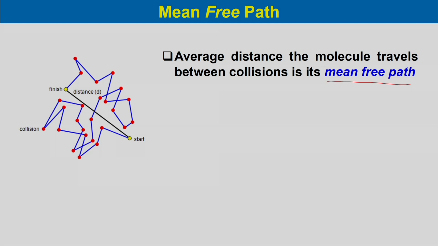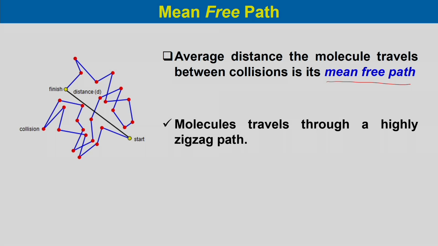You can see that the molecule travels through a very highly zigzag path. As you can see over here, the molecule starts here and goes in a straight path until it collides. After the collision it changes its direction as well as its velocity, and moves in a highly zigzag manner, and at the finish it reaches over here.